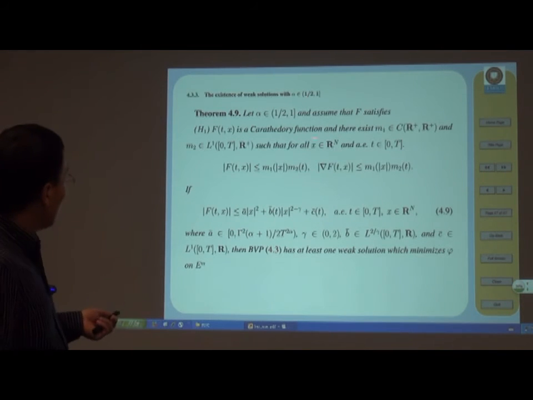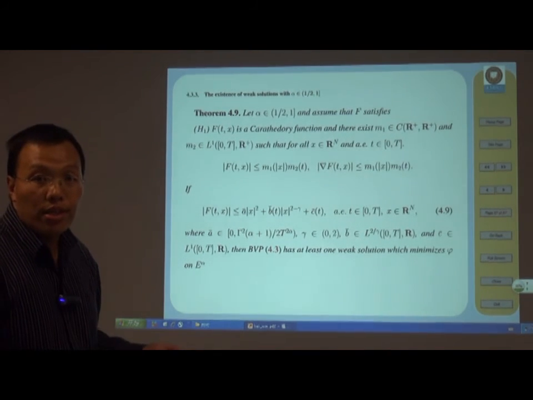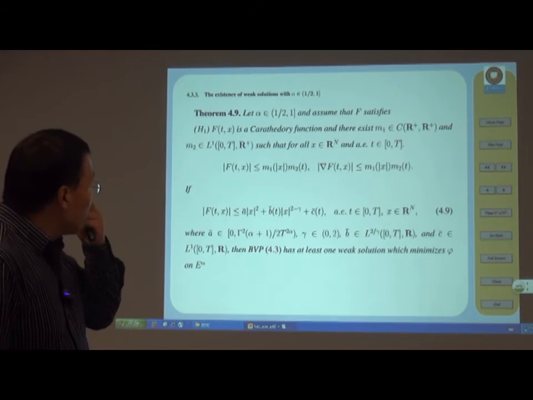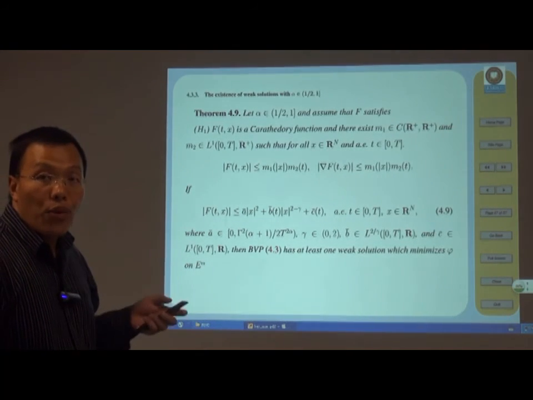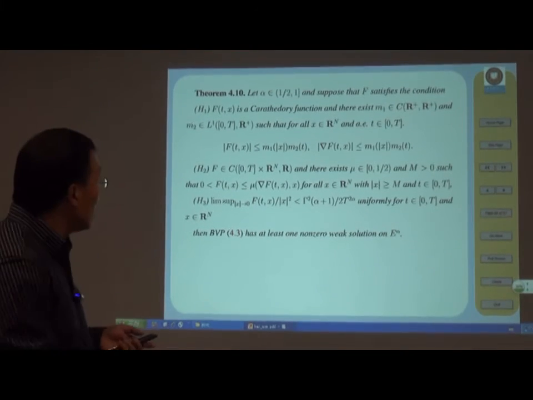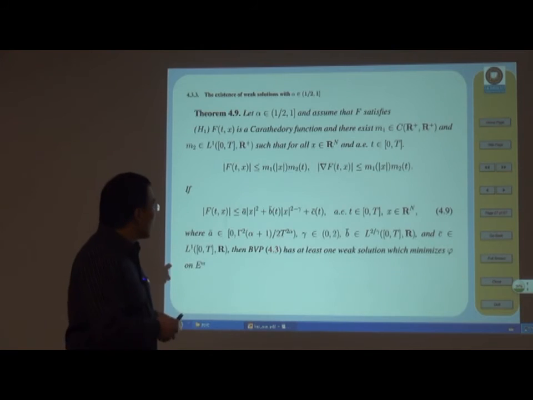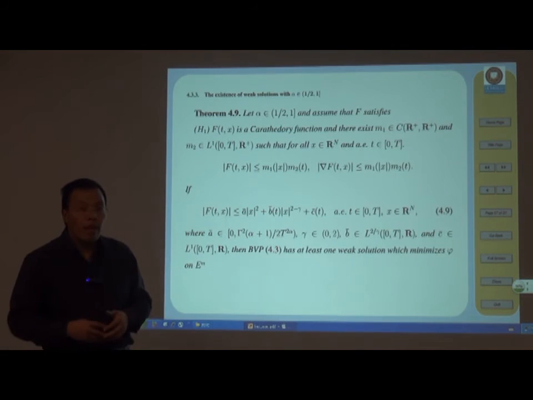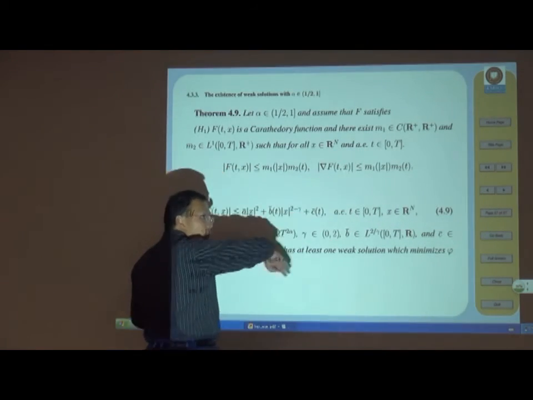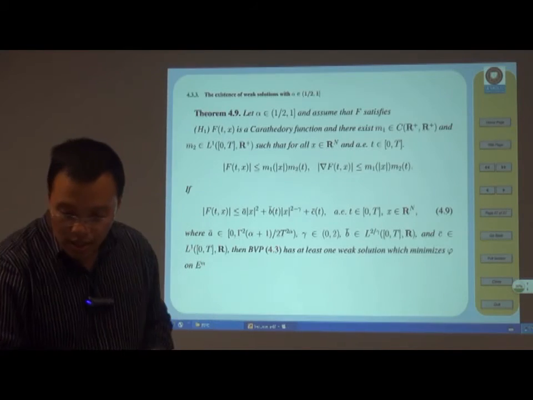And this result is established upon the Ekeland variational principle, and we can get that the corresponding functional phi is bounded from below. This is the first case.